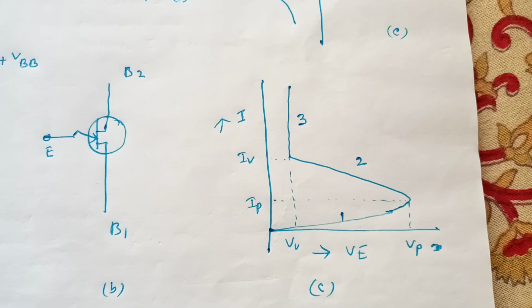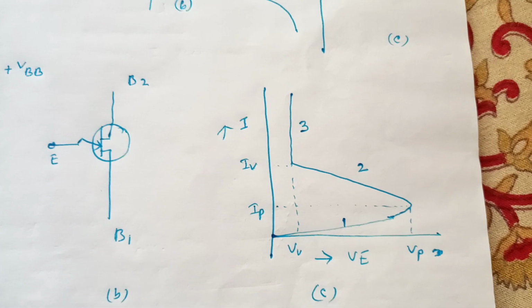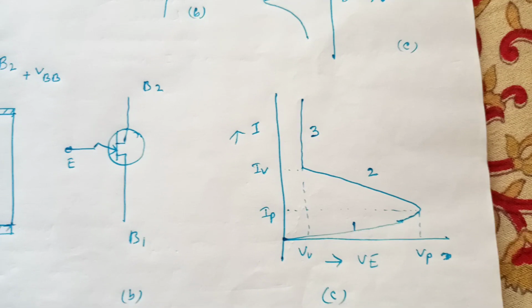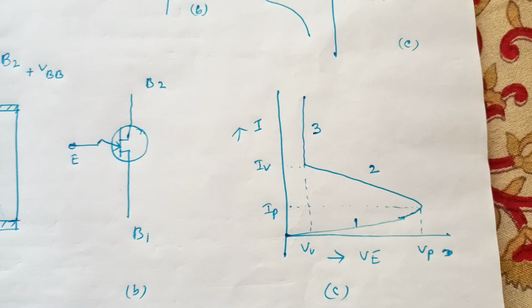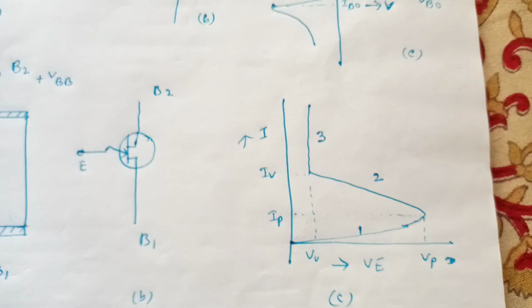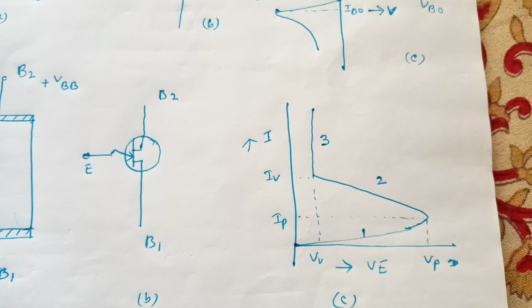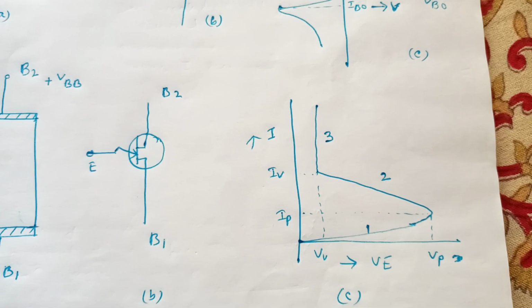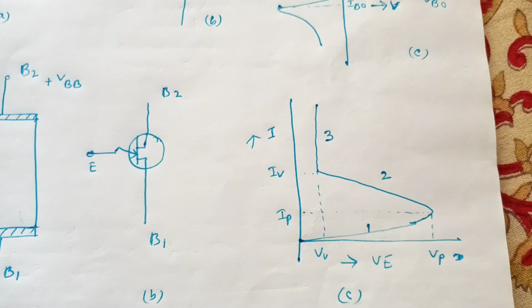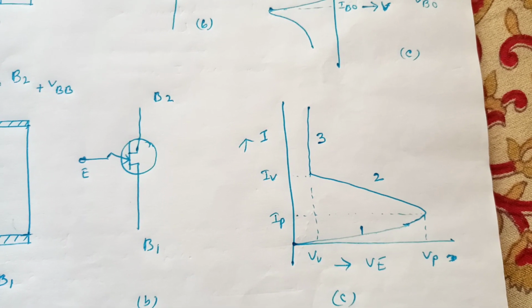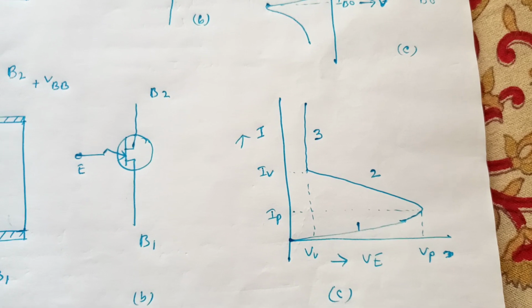When V exceeds Vp, the PN junction is forward biased and holes are injected into the bar. These holes are dragged by the electric field produced by VBB towards B1. The conductivity of the portion of the bar between the P region and B1 is thus enhanced.